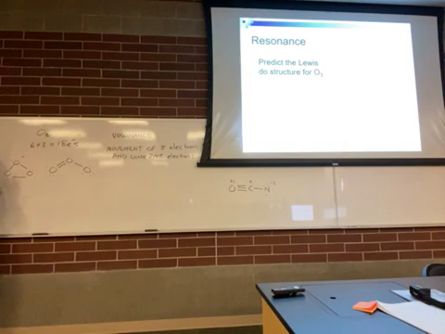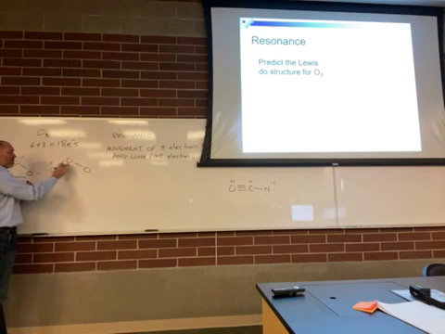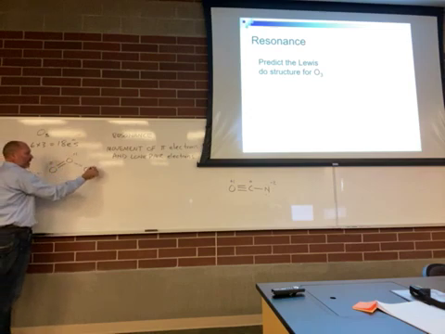Every one of these oxygens has a formal charge of 0. Right? 6 minus 4 minus 2 is 0, etc. So these are all 0. Looks happy. Here, I'm 0, but notice here, I'm positive 1, and out here I'm negative 1.